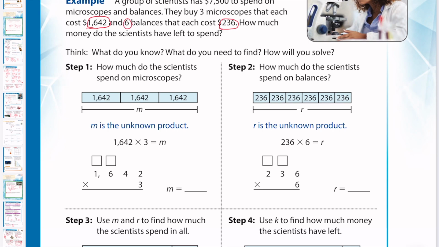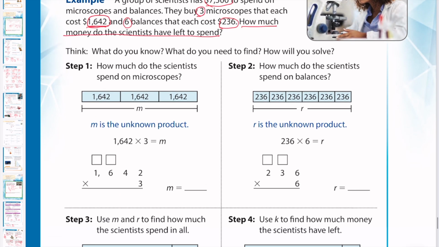How much money do the scientists have left to spend? Okay, this is another subtraction, right? You can compare and find the difference. All right, 3 microscopes and each cost $1,642 and 6 balances cost what? $236, okay, each. All right, so now you need to think, what do you know and what do you need to find? How will you solve?